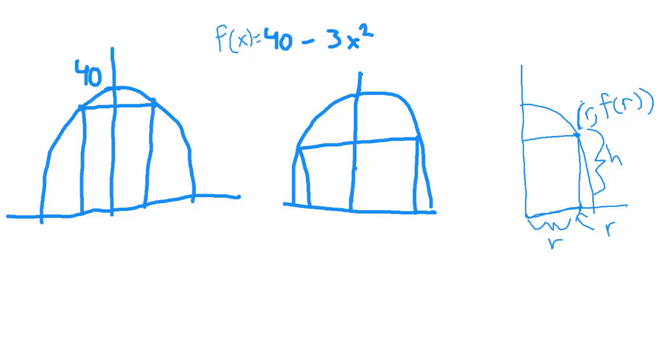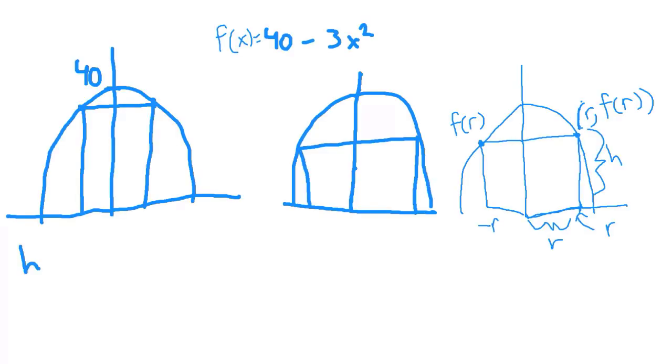If we look at the symmetry of the system, if I solved for this point right here, we should get the exact same thing. It's just going to be flipped over. So instead of r, this time it'll be negative r. But our f of r should be the same value because this is a quadratic equation. For a quadratic equation, if we have a positive or a negative, it should stay the same.